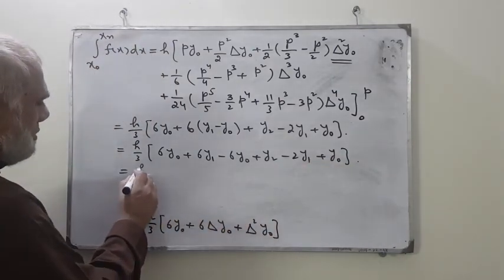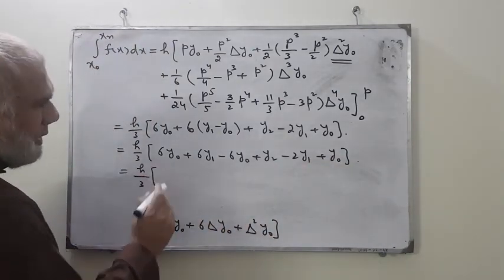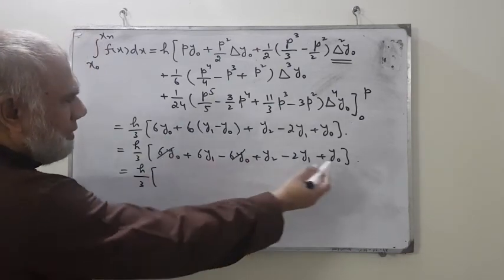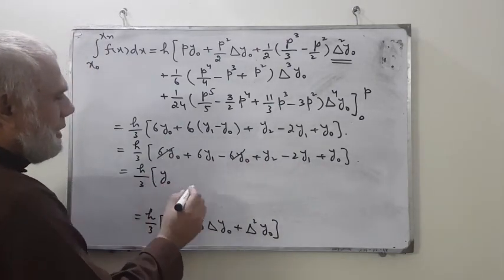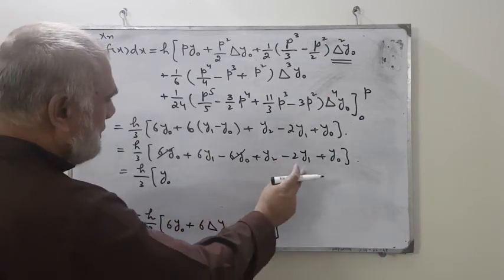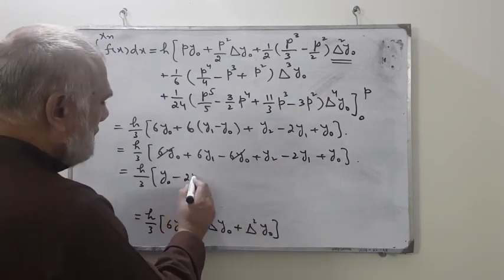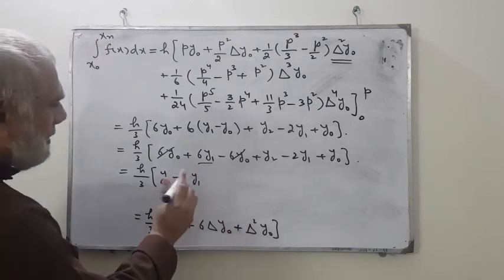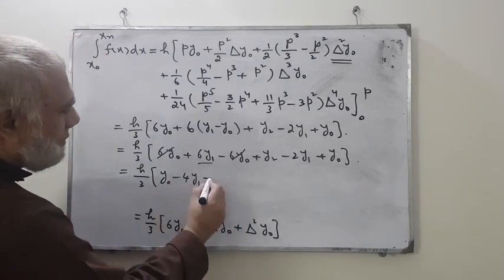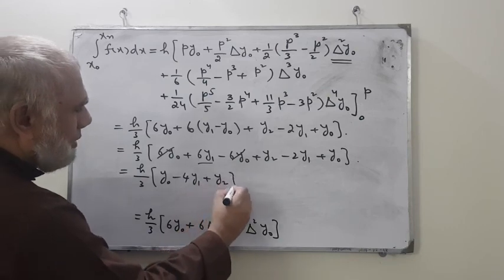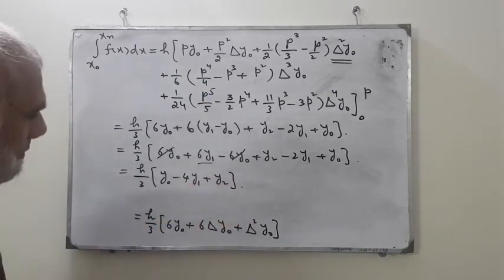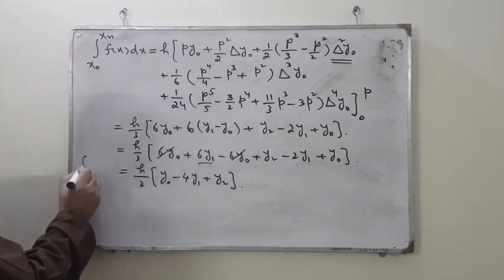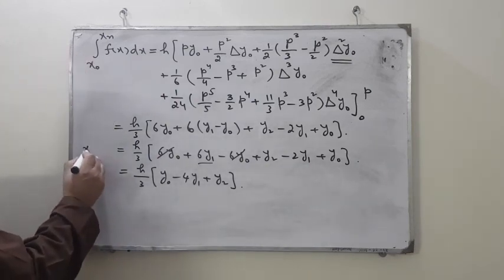If you collect the like terms, we have y0, and next is 4 times y1 and plus y2. So this is the ultimate result we obtain whenever we use the integral from x0 to x2.